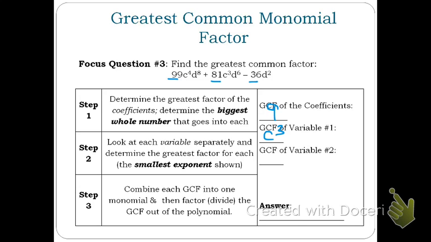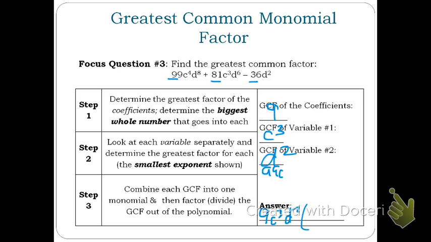Variable term, there is a d in all three terms. And our smallest exponent on the d is 2. So our greatest common factor then is 9c to the third d to the second. And we need to find out what we had to multiply that by. So we divide the polynomial by our greatest common factor.